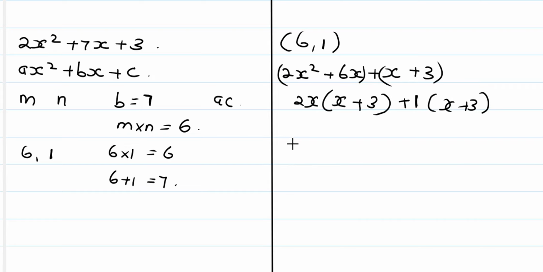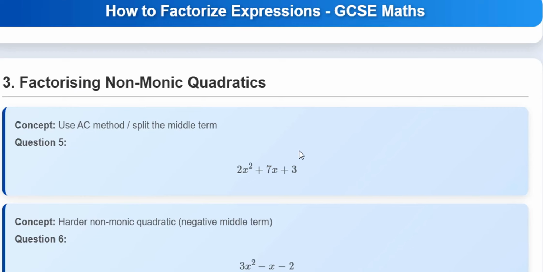Now that this x plus 3 and this x plus 3 are common, I can just pick one and then add this one, which is 2x plus 1, then pick one of these, which is x plus 3. And that becomes the factorization of this question here.